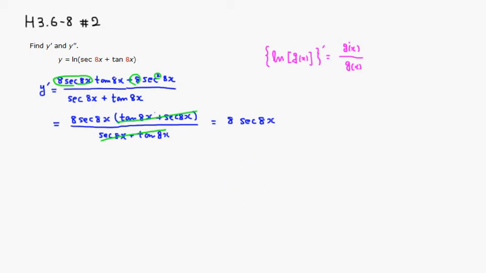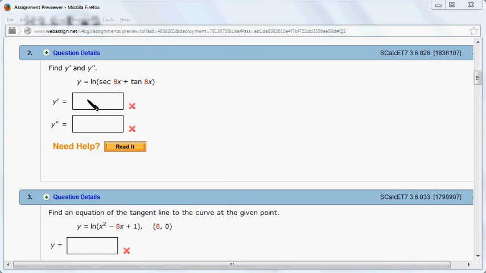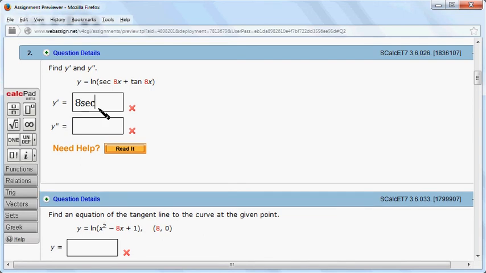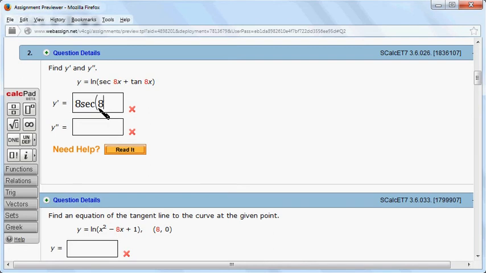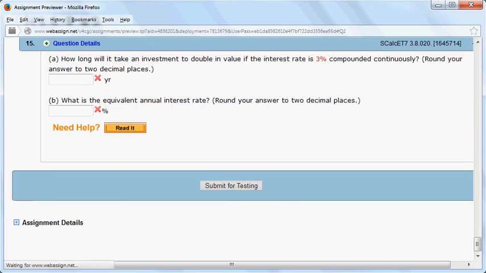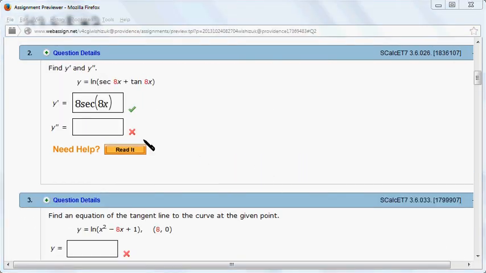So let's type it in. All right, so the first derivative is 8 secant of 8x. All right, so first let's check that answer. All right, looks like we got the first derivative correctly.